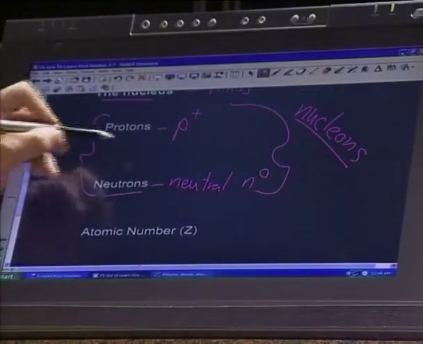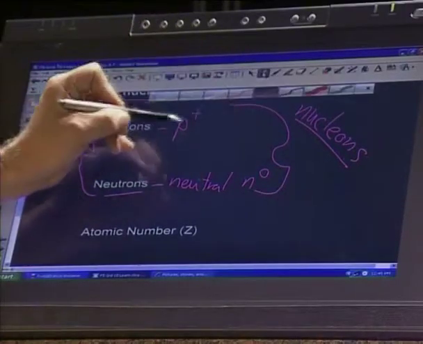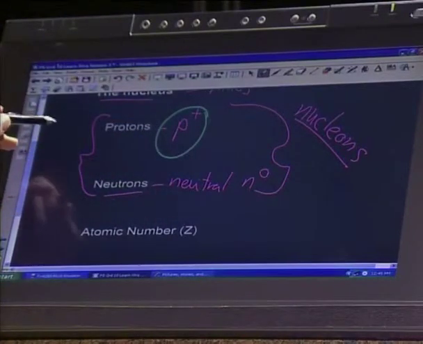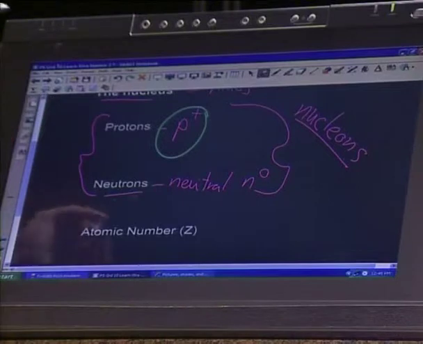Now, what we need to recognize from that is that every atom is different as well. And this is the important thing that we need to take note of now. That in the nucleus, the number of protons isn't the same. The number of protons for different atoms differs.